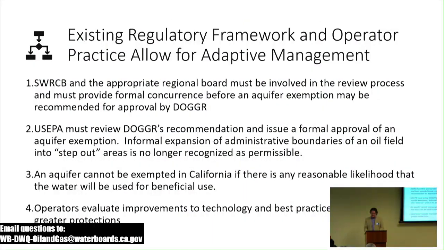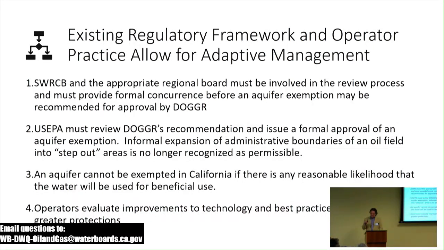A final thought here on this is that there's room throughout these processes for adaptive management. So the review process, some examples here are for the review process for aquifer exemptions. They're robust, they're transparent. The state and regional boards have to provide formal concurrence to these proposals.